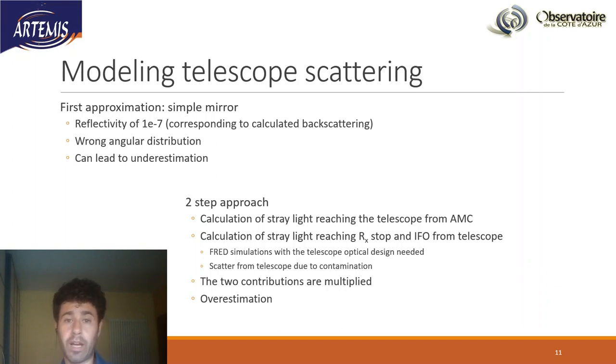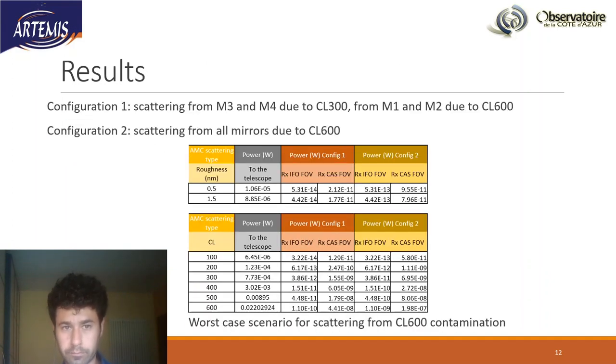And then I combined the results of the 2 contributions, multiplying them to calculate the final power on the interferometer. This could lead to an overestimation, because not all light entering the telescope from the AAM and C will be rightly coupled to give backscattering, but it's good to have a higher boundary for our analysis.